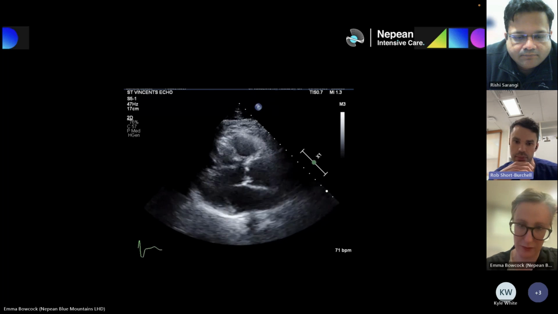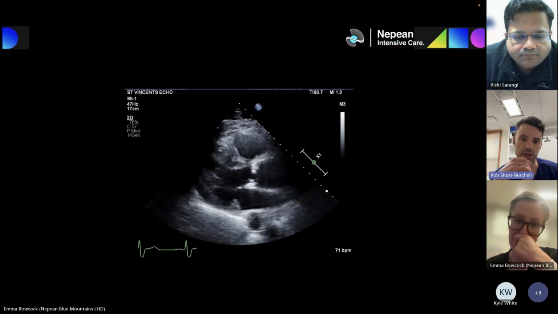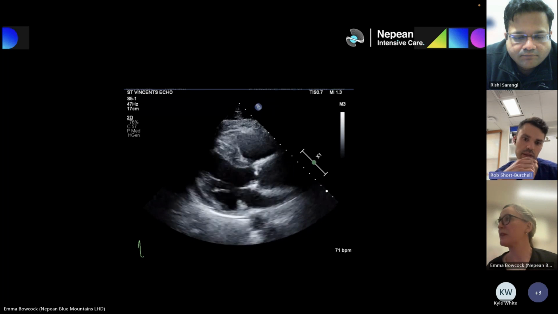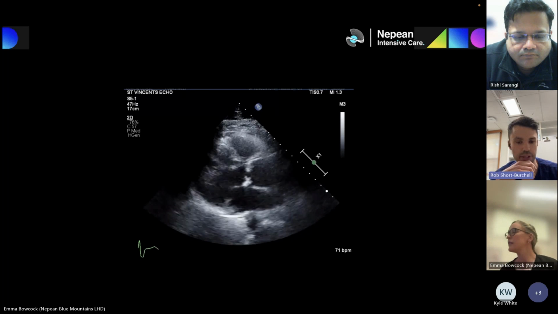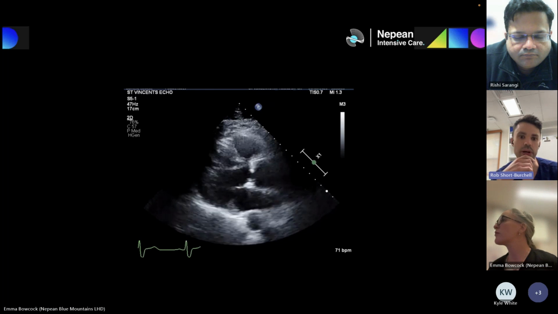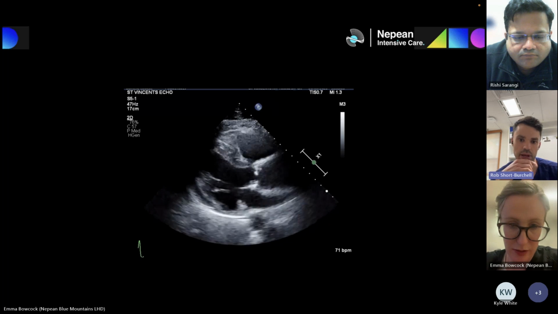So this is a parasternal long axis view, transthoracic echo. So I guess my immediate findings, I can see that the left ventricular function on this view looks sort of normal. There's increased LV wall thickness.